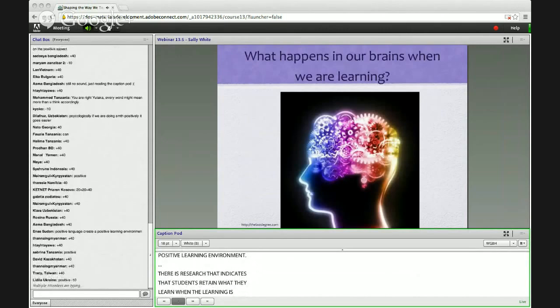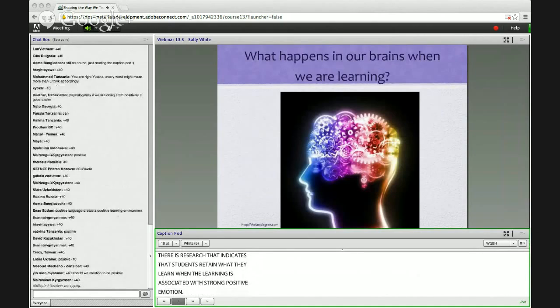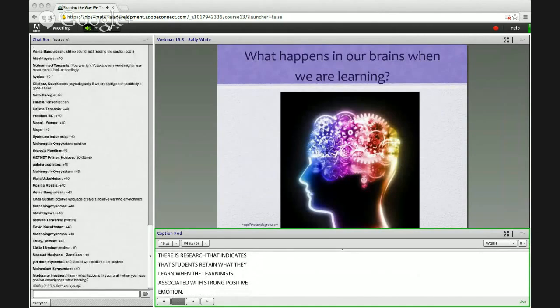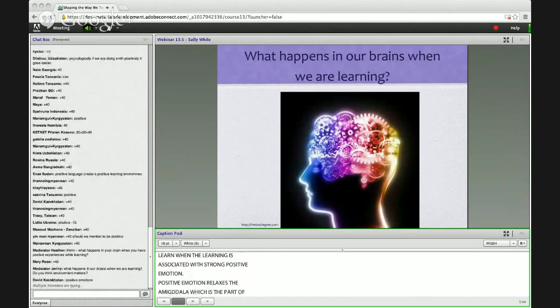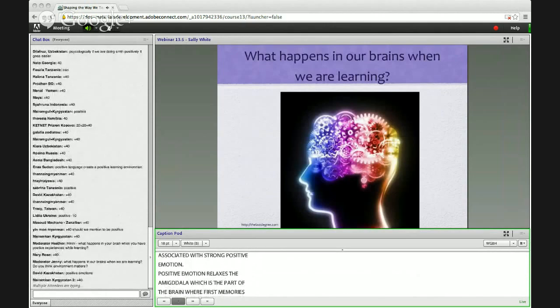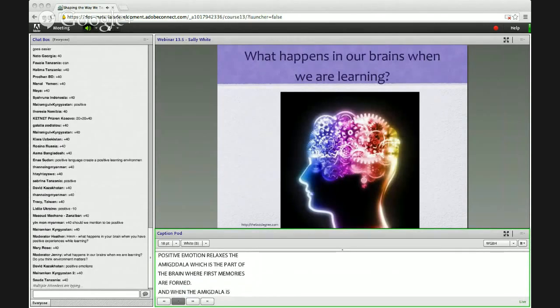Positive emotion relaxes the amygdala, which is the part of the brain where memories are first formed. And when the amygdala is relaxed, information can be integrated. There are open pathways for new information to get in and find a place to live in the brain. So it's ideal if you have a relaxed atmosphere, positive energy.